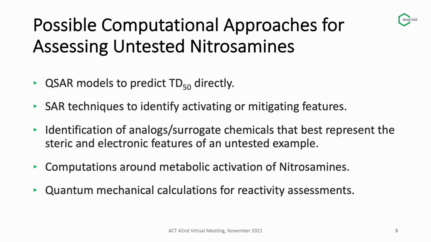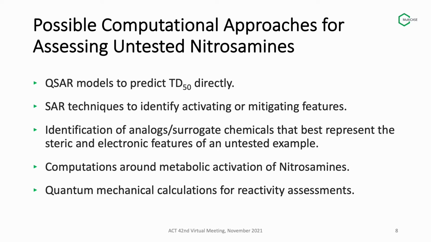Other techniques include the analog or surrogate chemical based approaches, and these chemicals are similar chemicals to the query chemical, and they best represent the steric and electronic factors that affect the potency of the query nitrosamines. And I'll be talking about these approaches in more detail in the later slides.